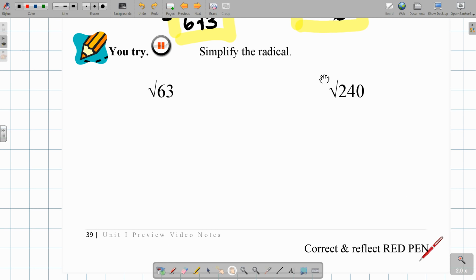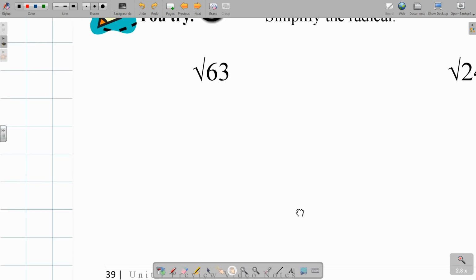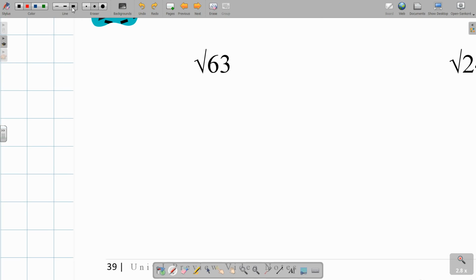I'd like you to take what you just learned, and I'd like you to factor and simplify both of these radicals. Pause the video, do this on your own. Welcome back. Let's see how you did with the 63. I'm going to go ahead and use the backwards division style just for giggles here.